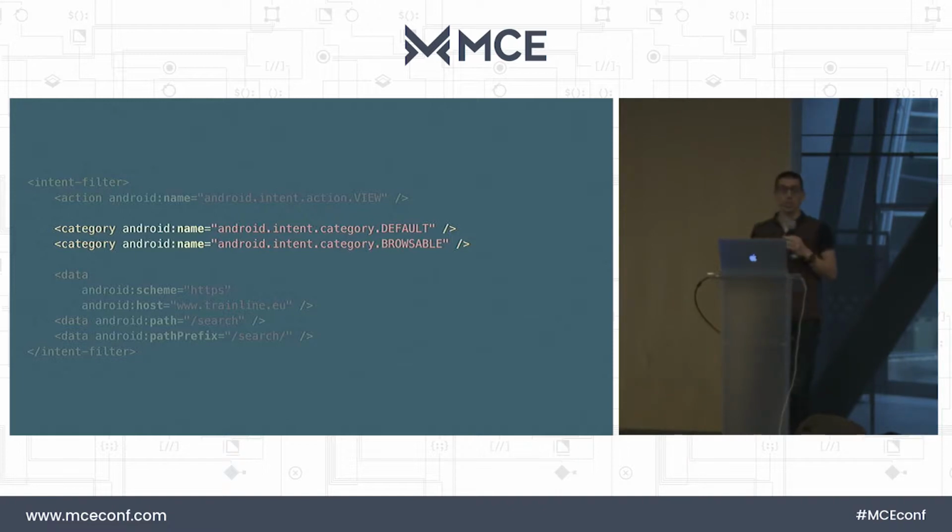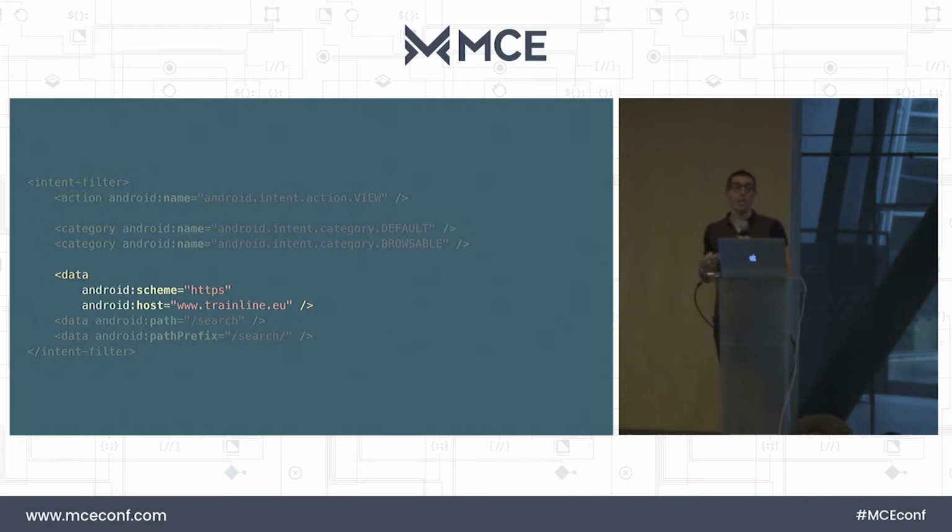Well, let's say you catch, I don't know, google.com/remove-my-account. You don't want the user to lose his account just by clicking on a link. So just by putting this, you inform the system that, hey, it's safe to click on this link and to open this link directly, because I won't be doing anything damaging to the user's data or to the application.